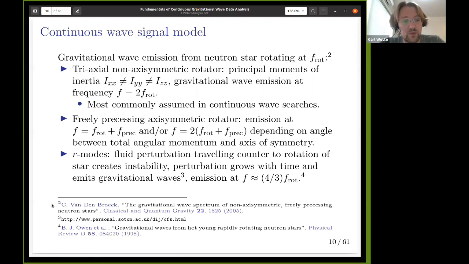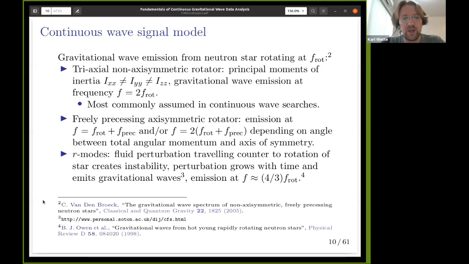The last model, which gets even more complicated, is something called r-modes. I hope Ian gave you a bit of an explanation of this in his lecture, because I find it's a very complicated thing to try and explain. But basically, you can set up a fluid perturbation of a neutron star. Neutron stars aren't wholly solid; they're some sort of fluid objects.